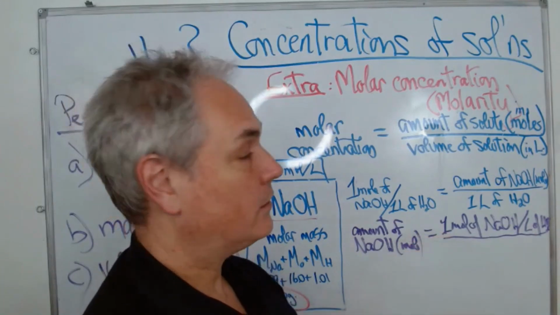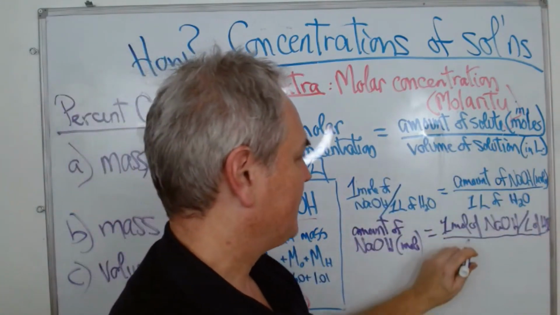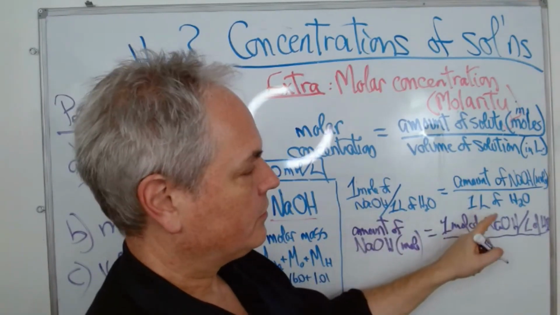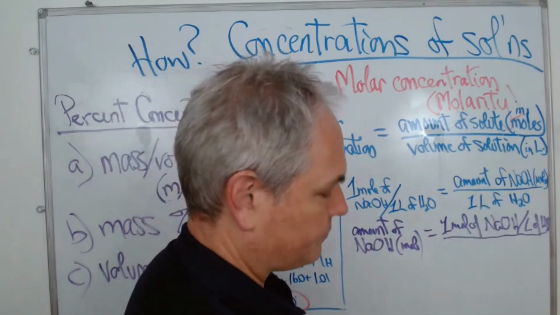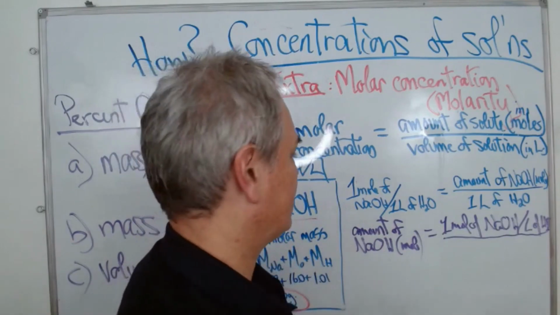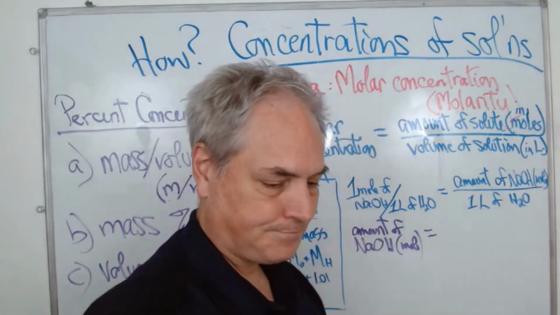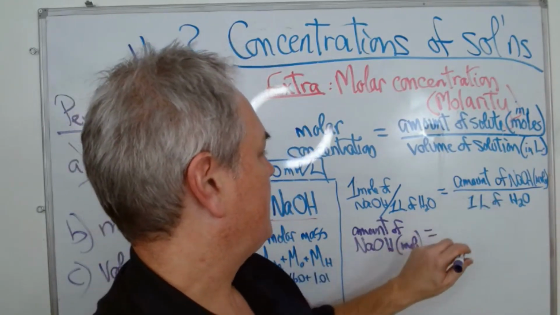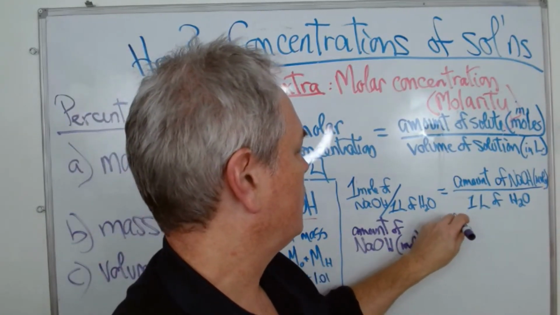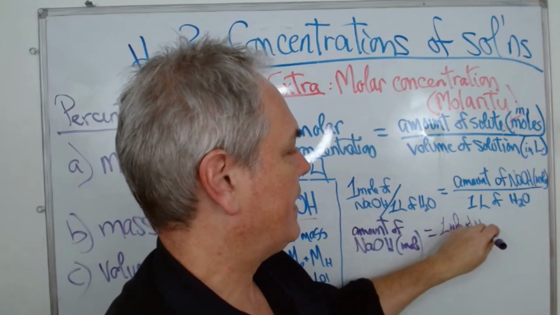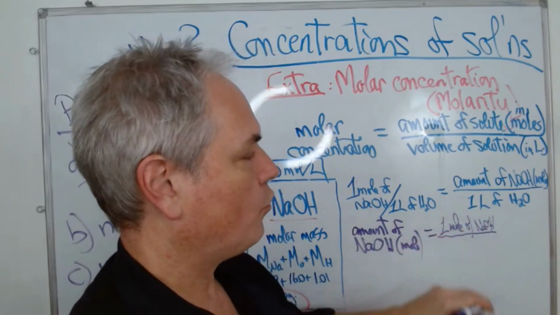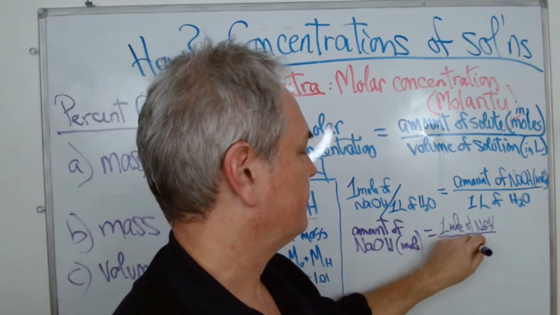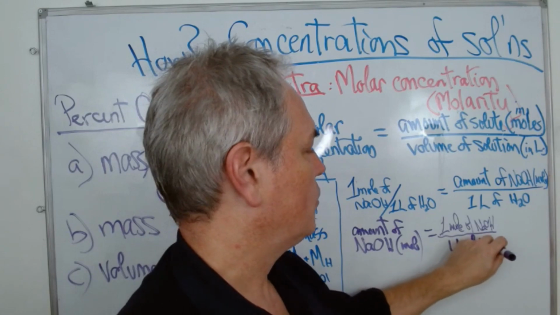I need a bigger board here. I want to isolate this, so we have this as a numerator, times... let me rewrite this to make sure it works. So we have 1 mole of NaOH per liter of water.